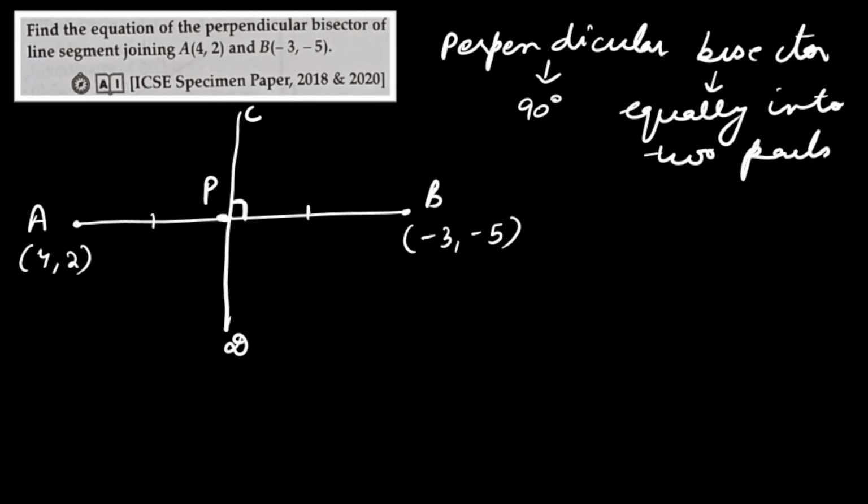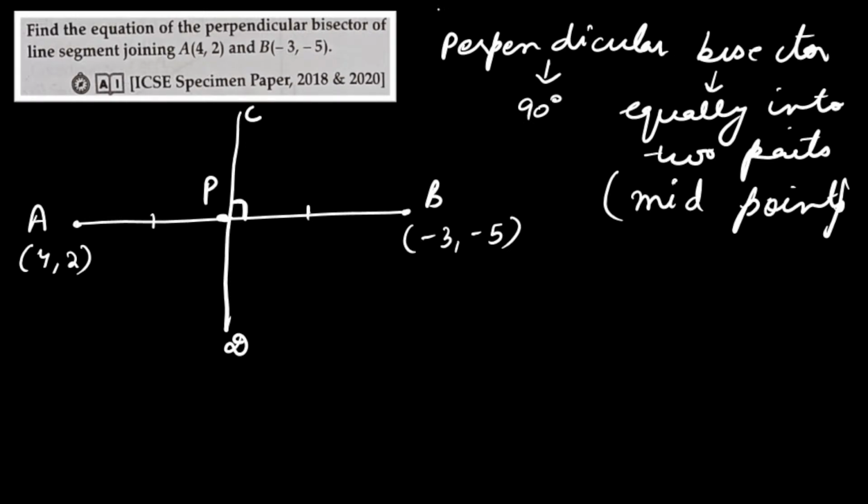So if bisector is there, that means we are getting a midpoint. If CD is the bisector of line segment AB, that means P is the midpoint of line segment AB.